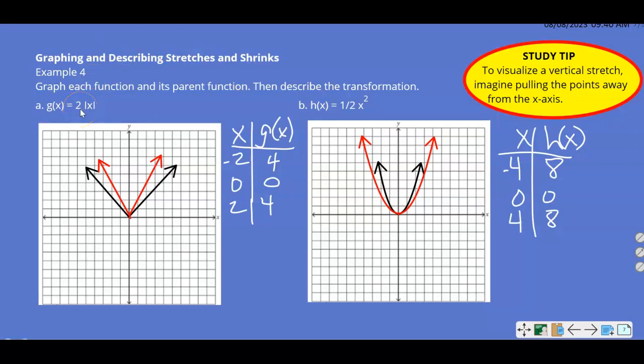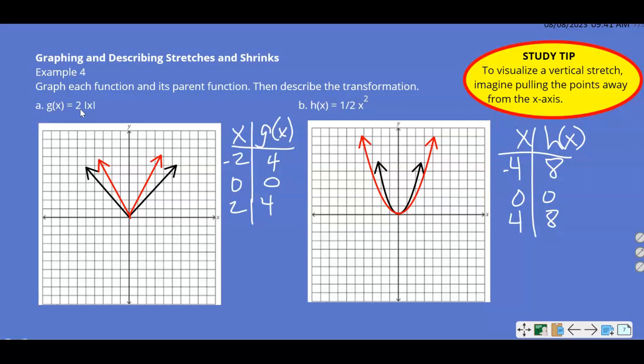It looks like they have the same domain and range, and everything else is pretty much the same. So you have a vertical stretch of 2. g of x is a vertical stretch of the graph of the parent function by a factor of 2.